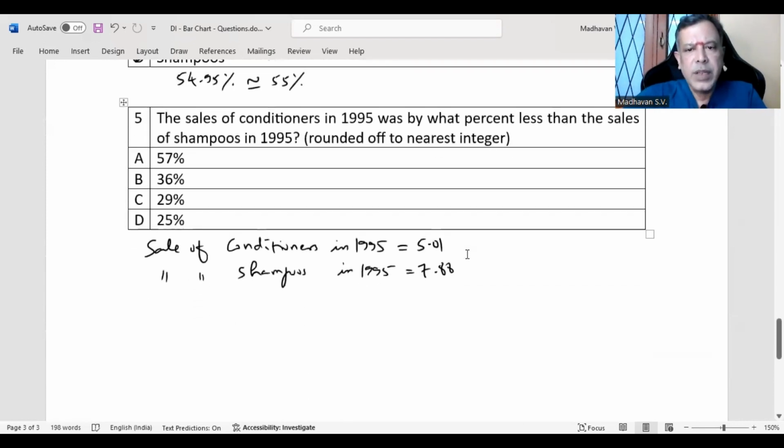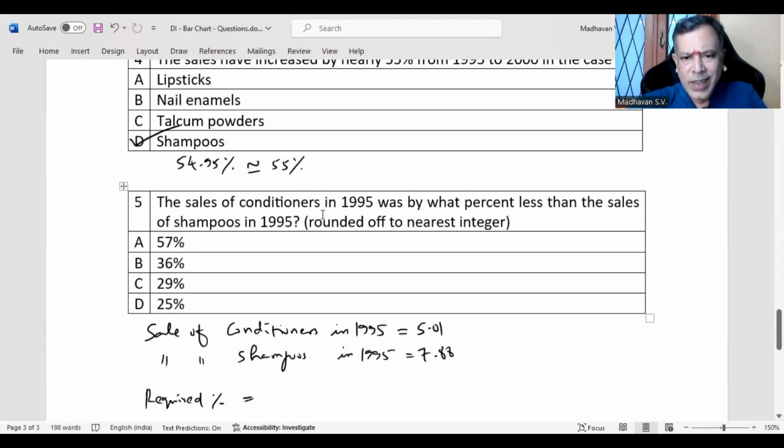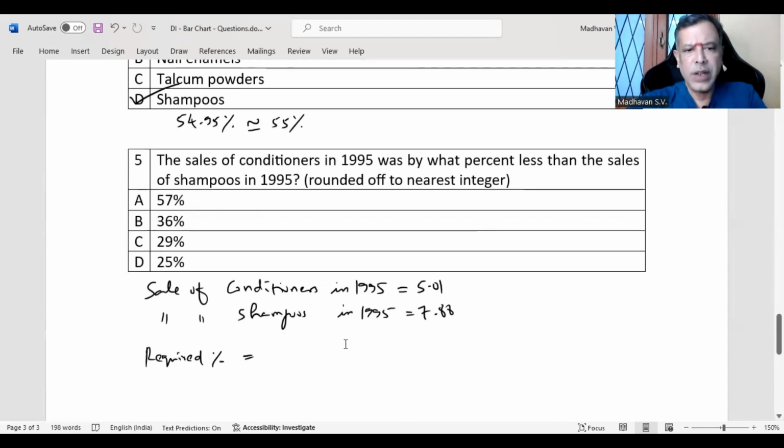Now, the percentage they are asking us to calculate is how much this conditioner sale is less than the shampoo sale. Means you are going to compare, denominator will have shampoo sale, numerator will have the difference.